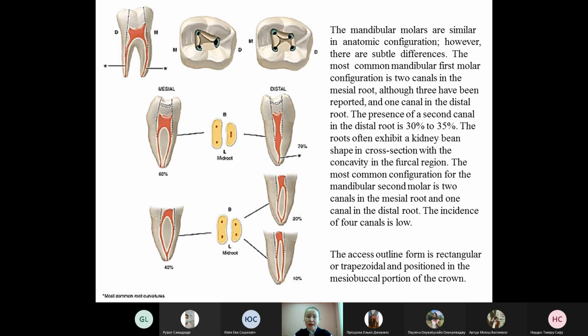So two root canals in the mesial root and one root canal in the distal root. But sometimes there can be an extra canal in the distal root. In this way, these teeth have 4 canals, as you can see in this case. But this is typical in 30% of cases.